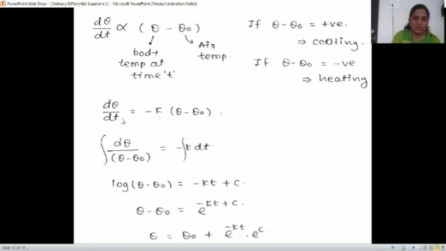So dθ/dt = −k(θ − θ₀). So this is the equation. Separating the variables, we get log(θ − θ₀) = −kt + c. So solving for θ, we'll get θ = θ₀ + c e^(−kt), where e^c is nothing but c.